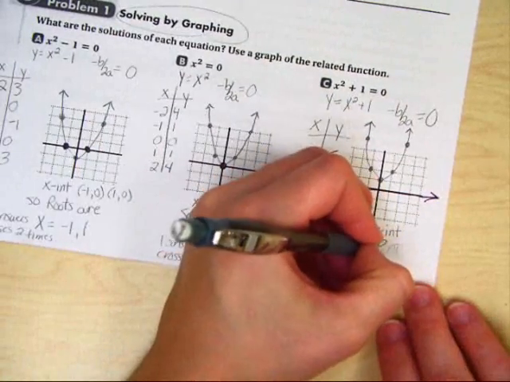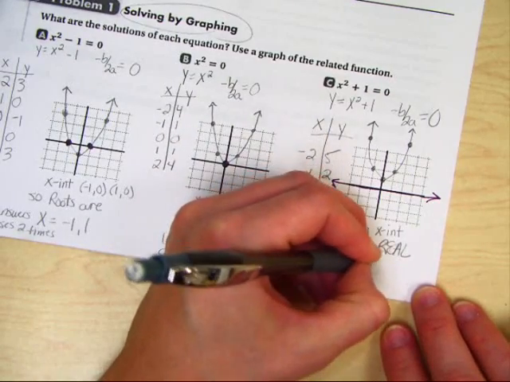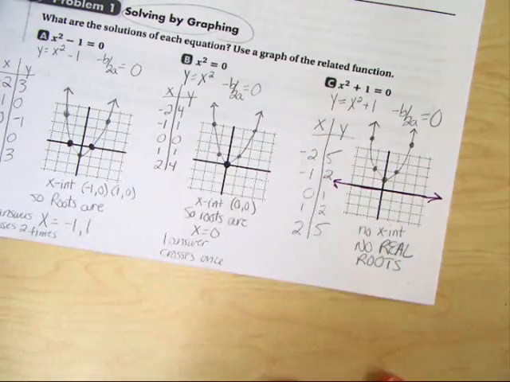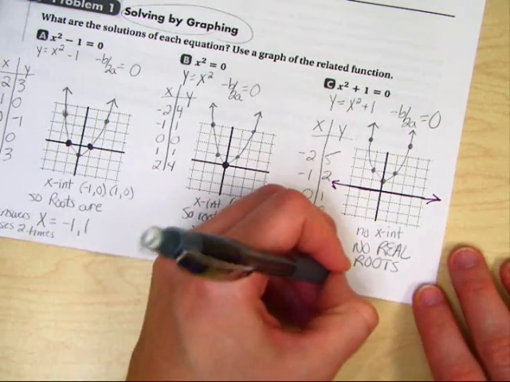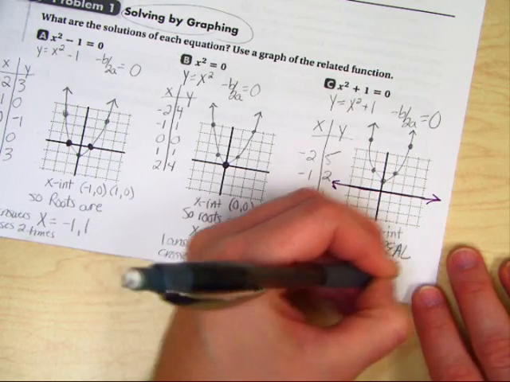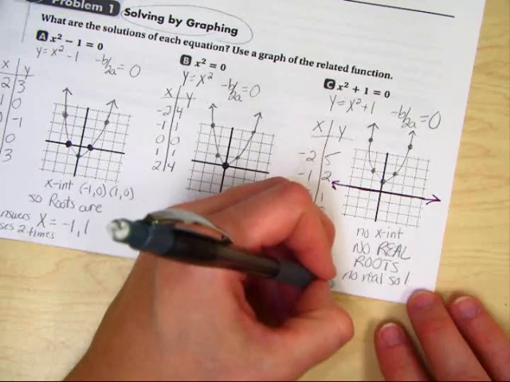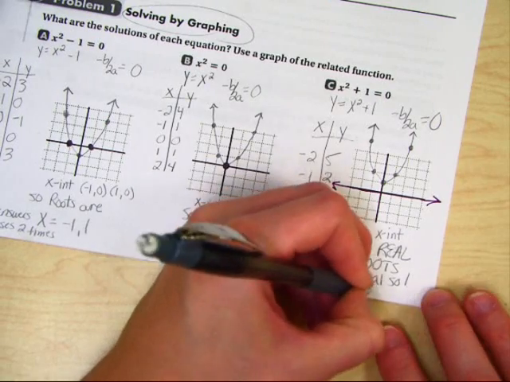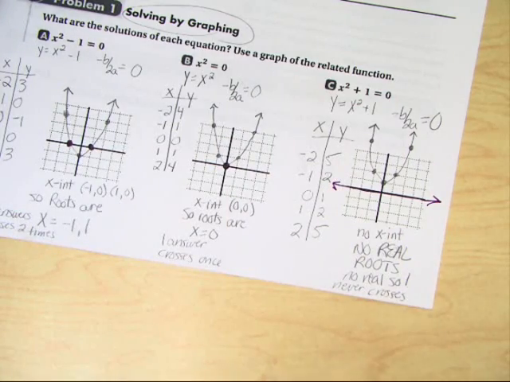There are no real roots. In Algebra 2, you'll learn that there are imaginary roots. So you just write no real solution. Now why are there no roots? Because it never crosses. Let's flip.